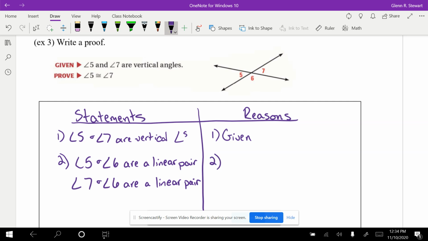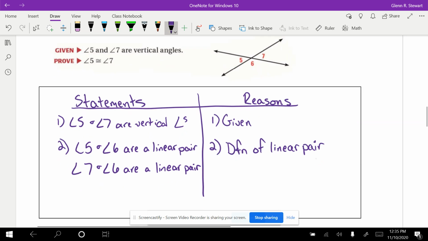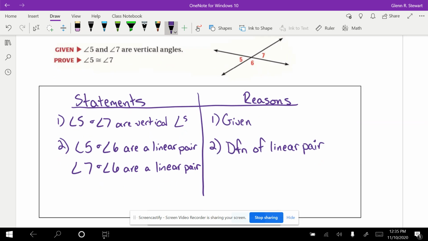I'm actually going to go away from the norm. I'm going to state that this is the definition of linear pair. Usually it's based off of what we would see before. But in this case, because I'm trying to prove the linear pair postulate, it is not. How do you know that these are linear pairs?